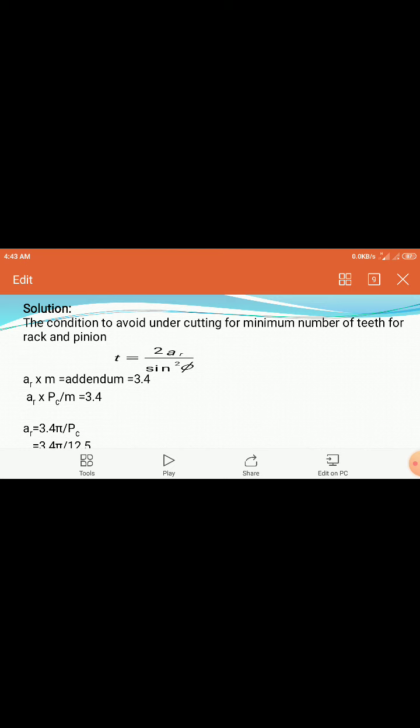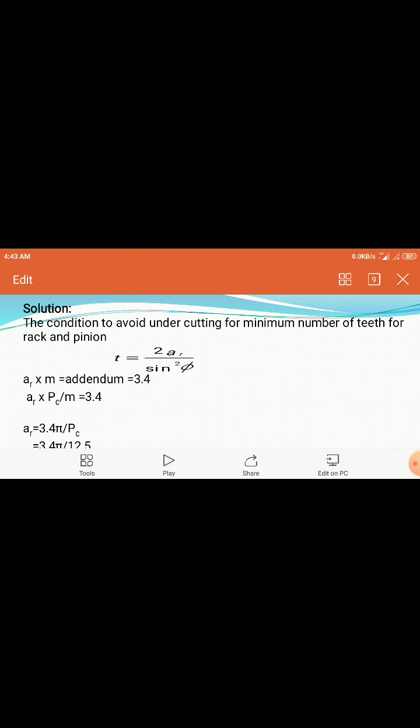We have derived this formula in previous videos: T is equal to 2 into AR divided by sin square phi. Now we also know that AR into m is equal to the addendum. In the undercutting condition, AR into m is equal to addendum, which is equal to 3.4. It is given in this numerical that the addendum value is 3.4.